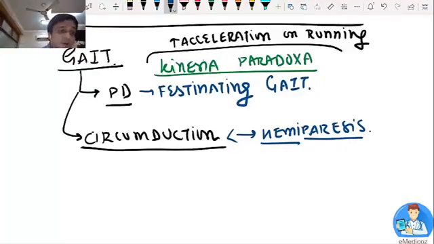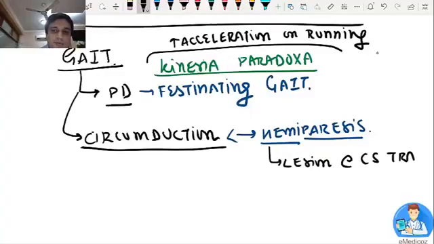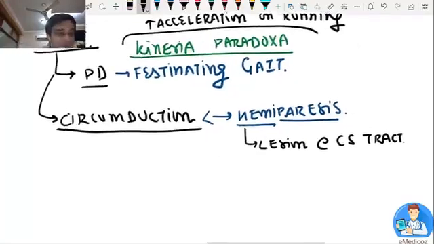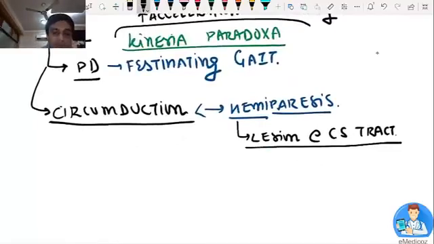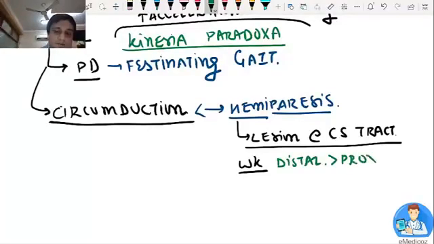That means half of the body is weak in the patient. Now, if you look at a patient of hemiparesis, he is having a lesion in the brain known as a corticospinal tract. Anywhere in the corticospinal tract, he's having a problem. Please remember this. Because of this, there is a weakness in the patient, quite often distal more than proximal. Remember this.